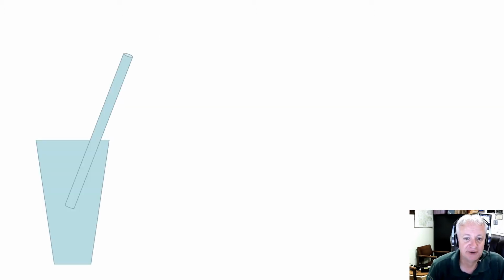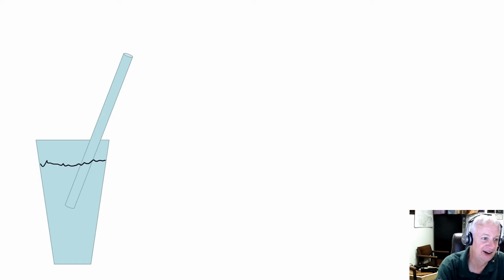Here's an example of bulk flow that we're all familiar with, drinking out of a drinking straw. So we've got a glass here with water in it, and there's a straw immersed in it, and we put our mouth around this part of the straw. This end of the straw is at atmospheric pressure, essentially.